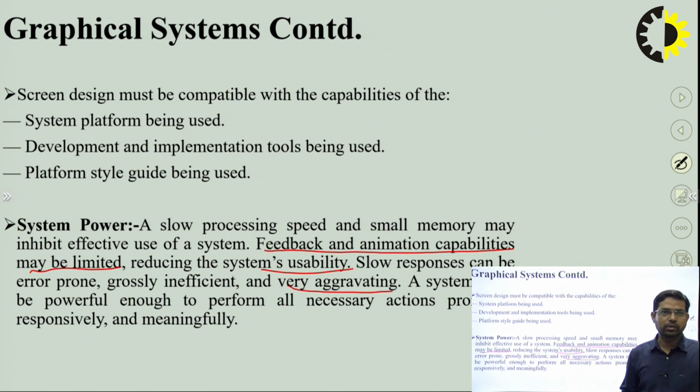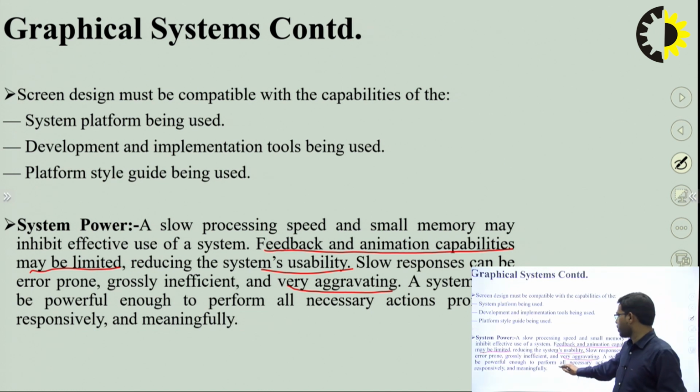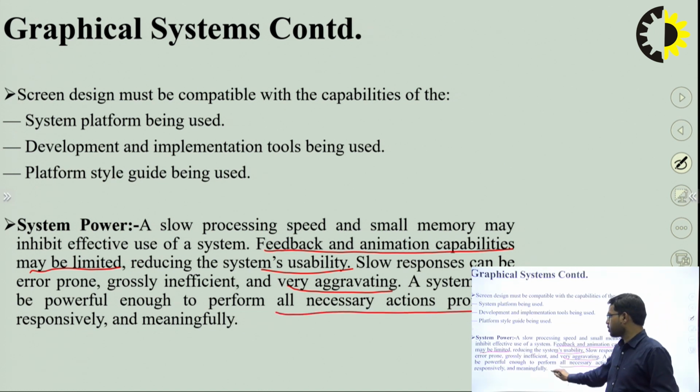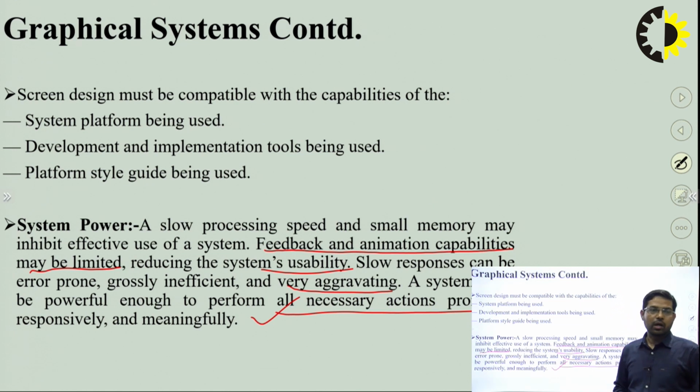If we just click on a folder and have to wait, the user is irritated and the system becomes aggravating. The system must be powerful enough to perform all necessary actions promptly, responsively, and meaningfully.